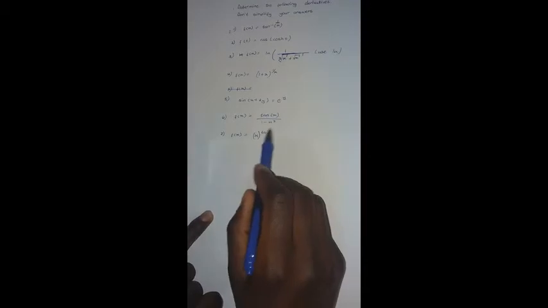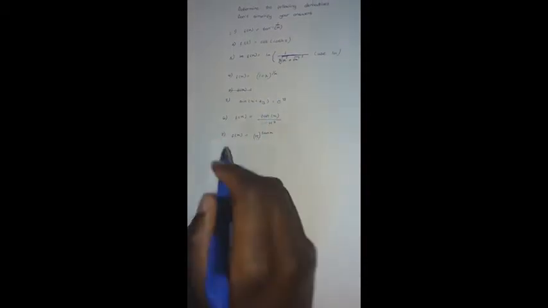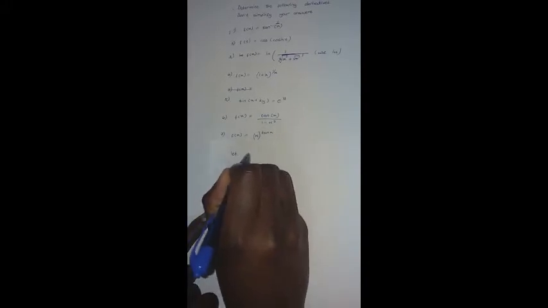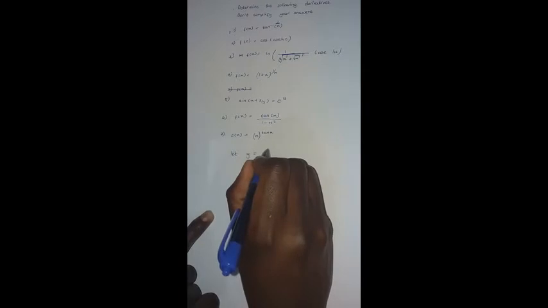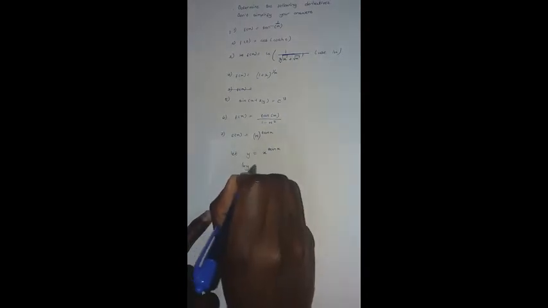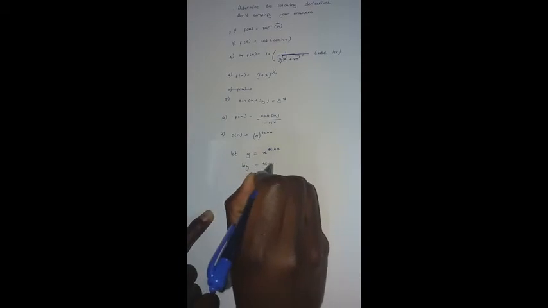Next one, we move on to question 7. It says f of x being equal to x to the power of 10x. So since we have our x in our power as well, similar to this one, we're going to say let y be equal to x to the power of 10x, then ln of y being equal to 10x ln of x.